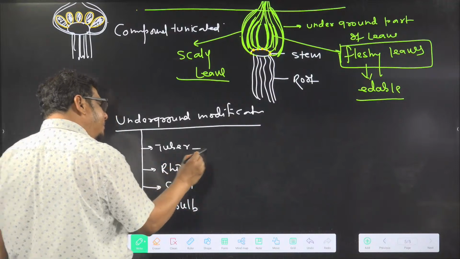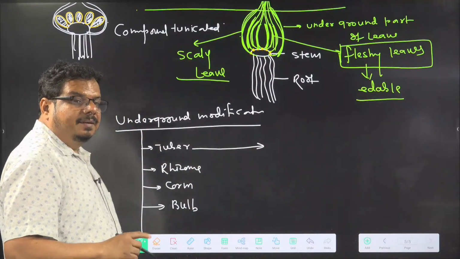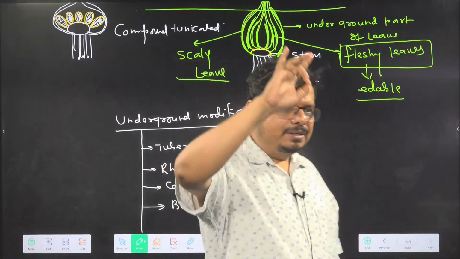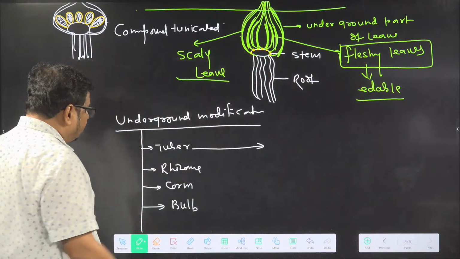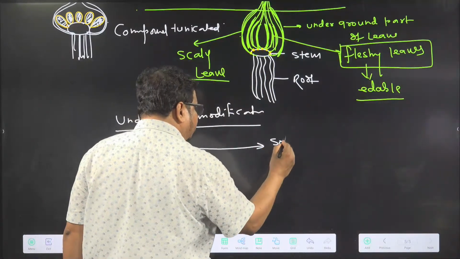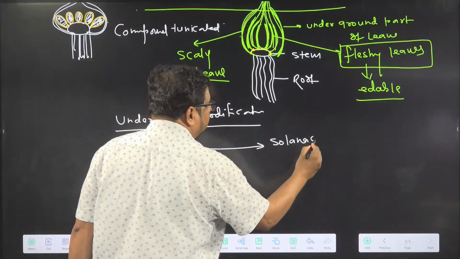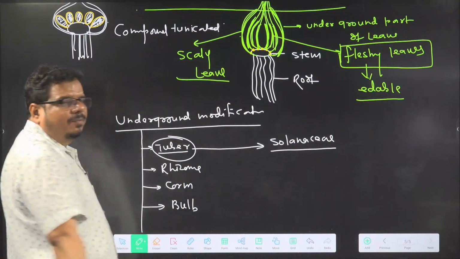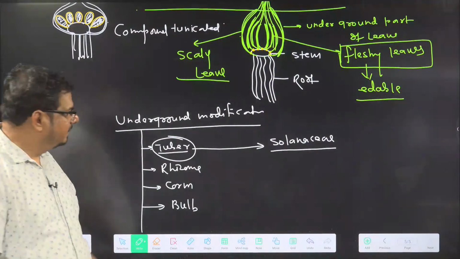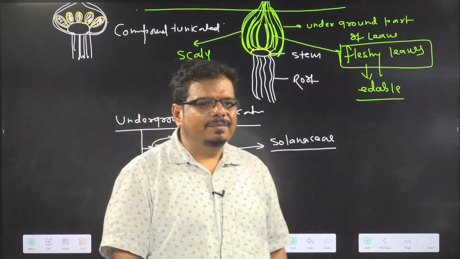Now I am connecting with family. In morphology, the more you are able to connect, the more perfect you are. So this tuber is present in which family? The tuber type of stem modification is present in the Solanaceae family.